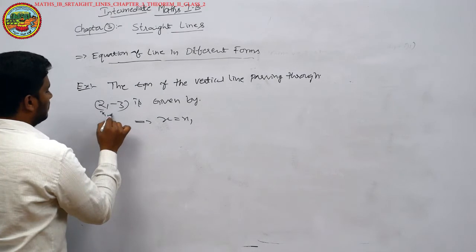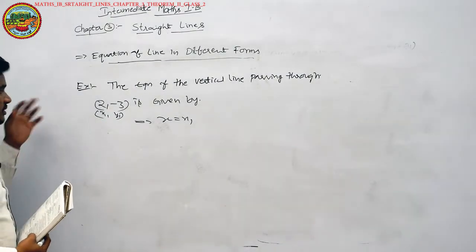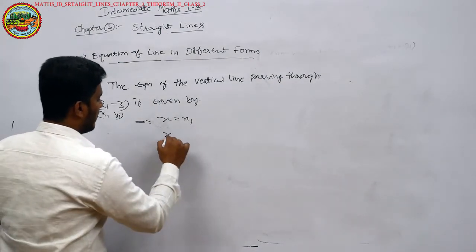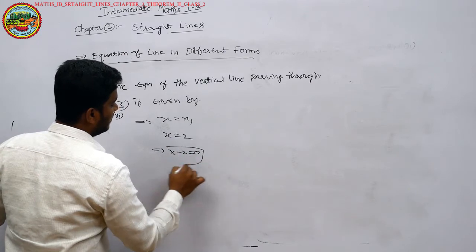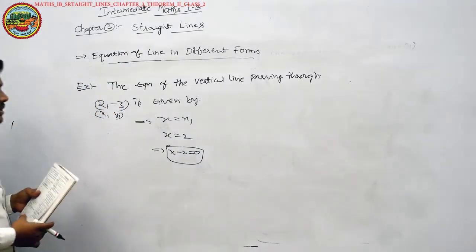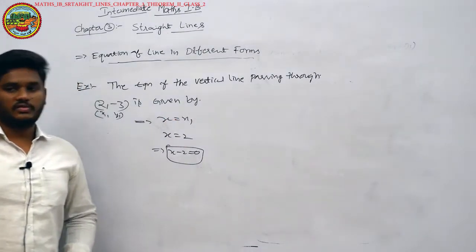Here x1 comma y1 is the point through which the vertical line passes. So x is equal to 2, which implies x minus 2 is equal to 0 is the required equation of the line. Since the line is vertical, x is equal to x1 is the equation of the line.